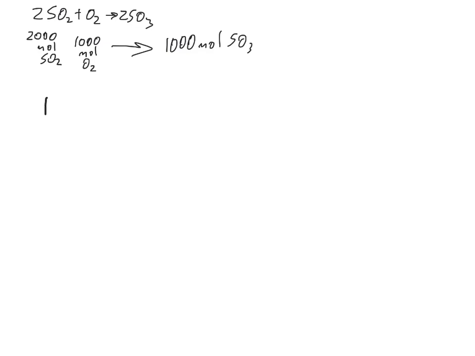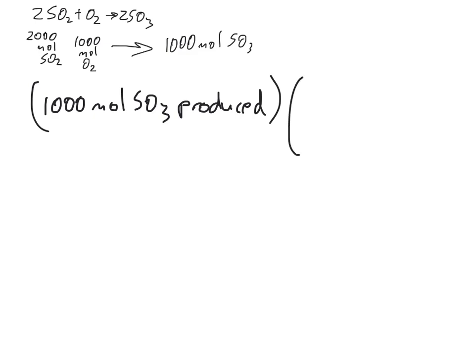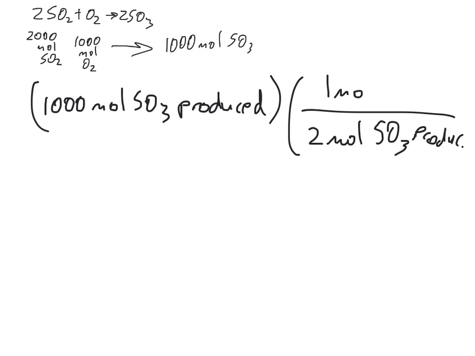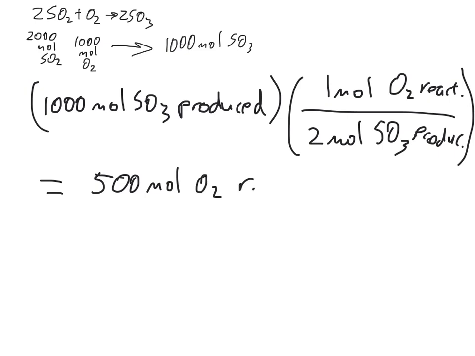If I get 1,000 moles SO3 produced, using the stoichiometric ratio of 2 moles SO3 produced per 1 mole of O2 reacted, this number is just 500 moles of O2 reacted.